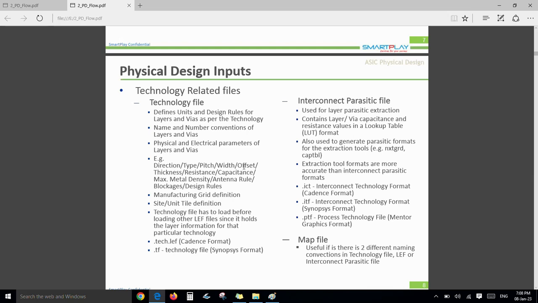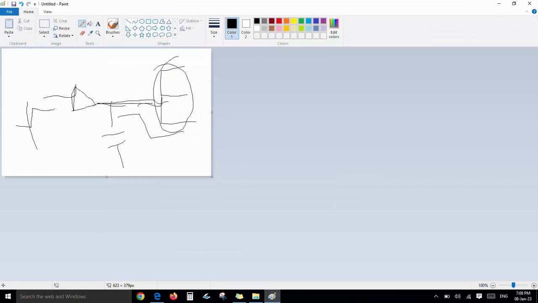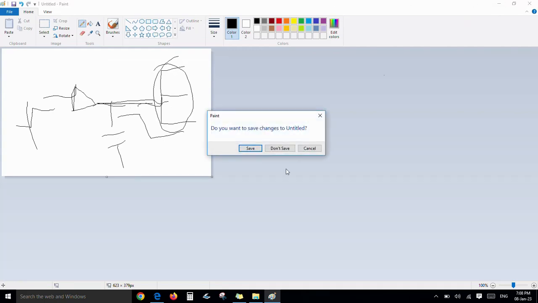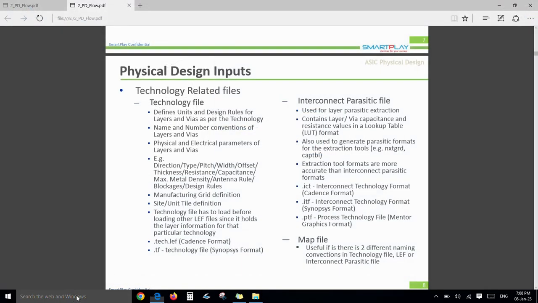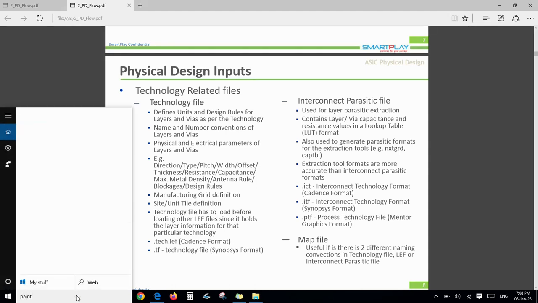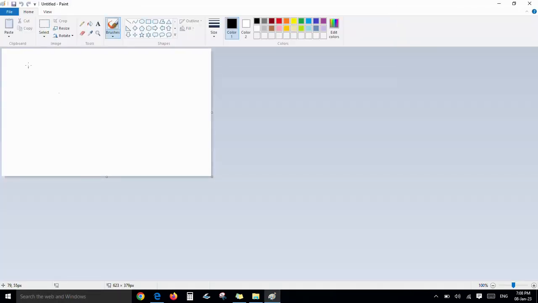Offset is nothing but, one second. So offset is nothing but, this is one of the metal layers, let us consider. So this is another metal layer.